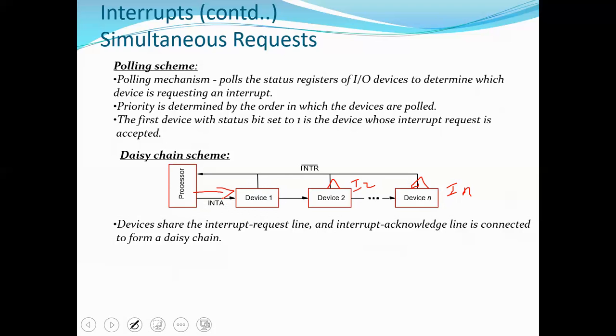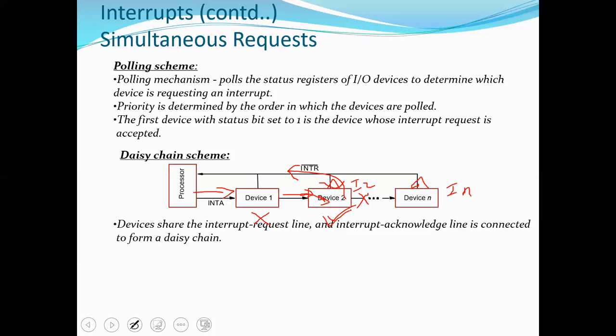It has not sent the interrupt request, so it forwards the interrupt acknowledgement to the next device. Okay, next device has sent the interrupt request. So this device does not forward the acknowledgement. It receives the acknowledgement and the transfer of data takes place between this device and the processor.